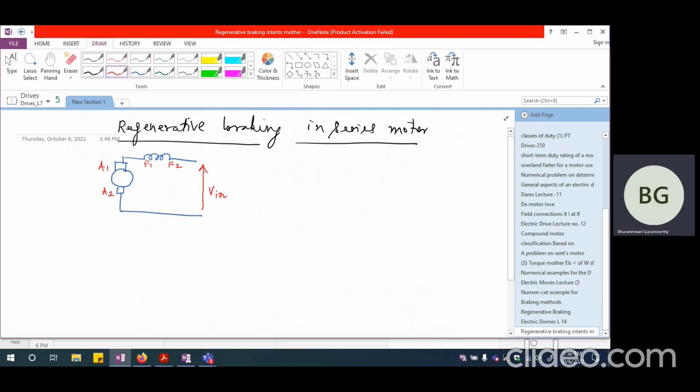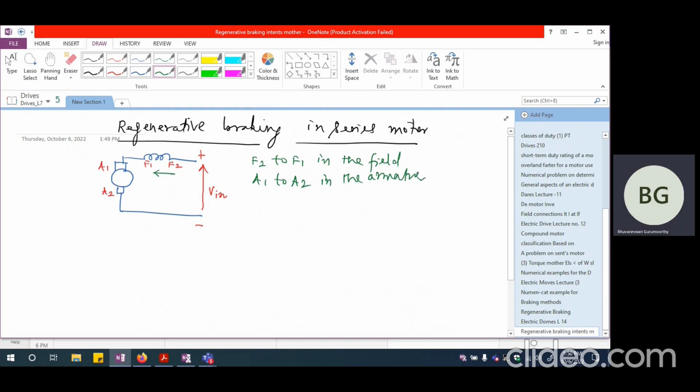I'm writing this as V in because this is common to both armature as well as field. So this is going to be positive and this is going to be negative. So the current is going to flow in this particular direction. So current flows from F2 to F1 in the field, and A1 to A2 in the armature.